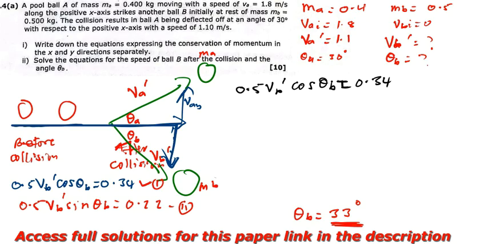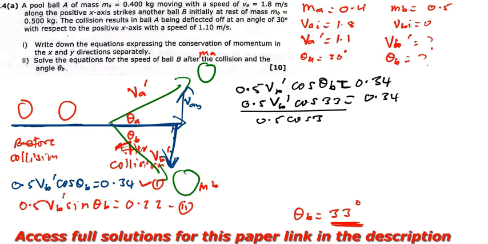If I plug in the theta, it will be 33, being equal to 0.34. Then just divide both sides by 0.5 cos 33. So these will cancel out, this will cancel out, and that is going to cancel out.